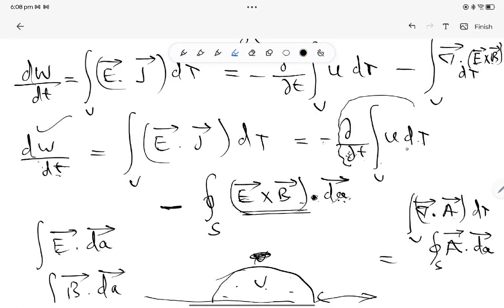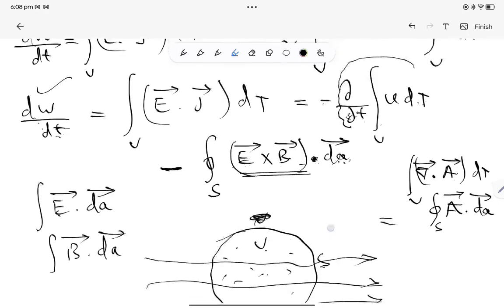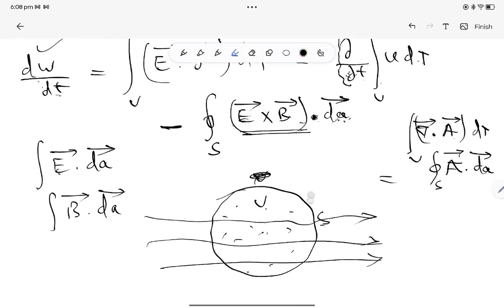Every term in this equation represents energy per second, that is power. So this whole term represents energy per second.